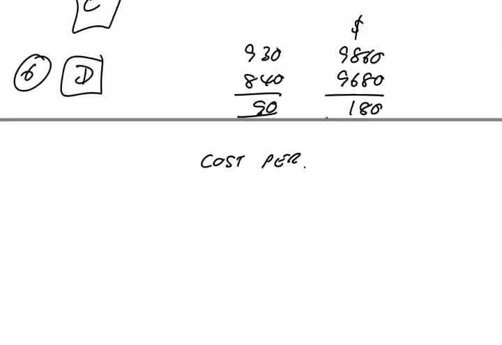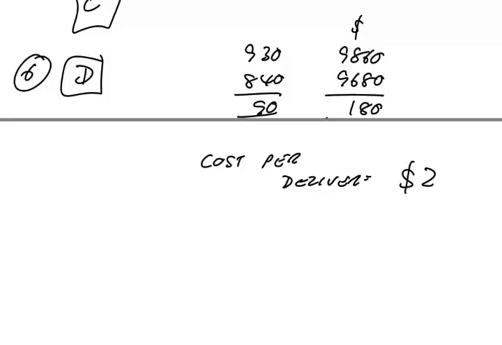The low one, 840 and 9680. The difference, 180 extra cost for 90 extra deliveries. And so the variable cost per delivery is $180 over 90. Did we all get there? $2?